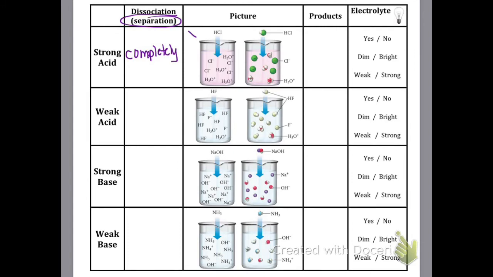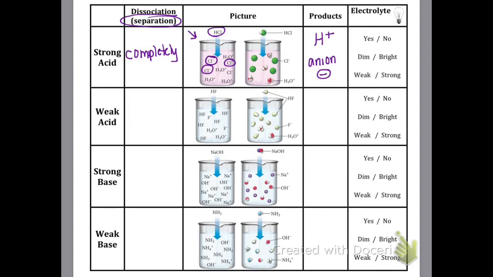If you look in this picture right here, you look at this HCl, and all the H's and all the Cl's have separated completely. So you're going to get a hydrogen all by itself, and you're going to get an anion, a negatively charged particle all by itself. Here our anion is chlorine, just floating around.